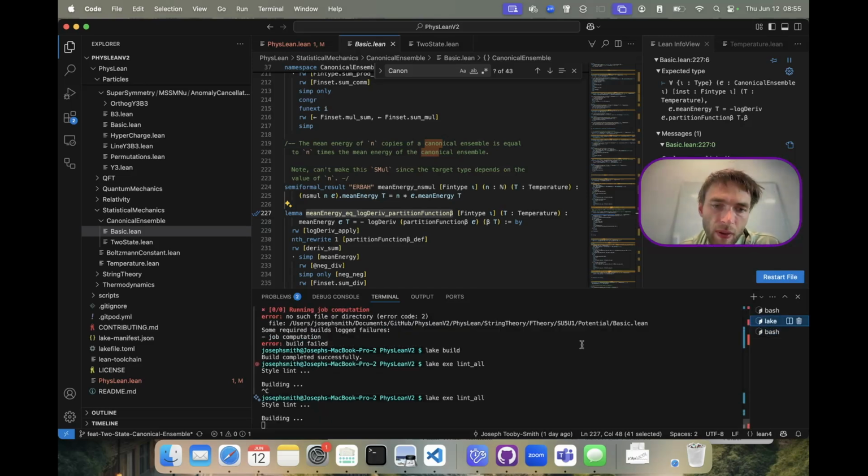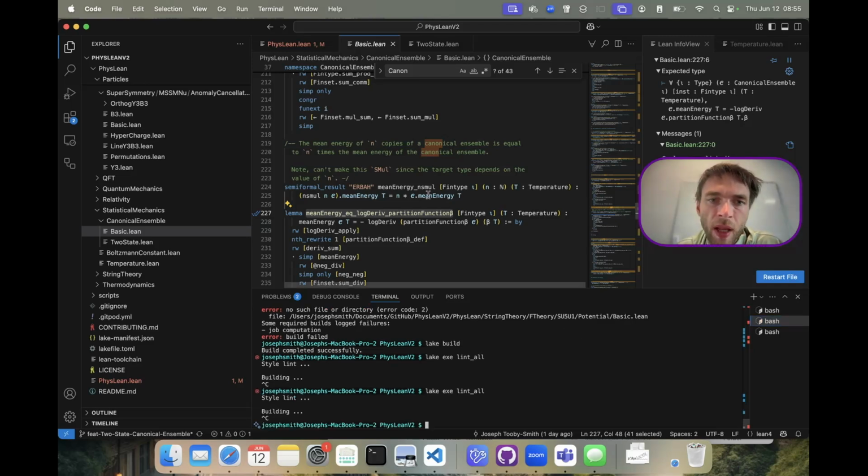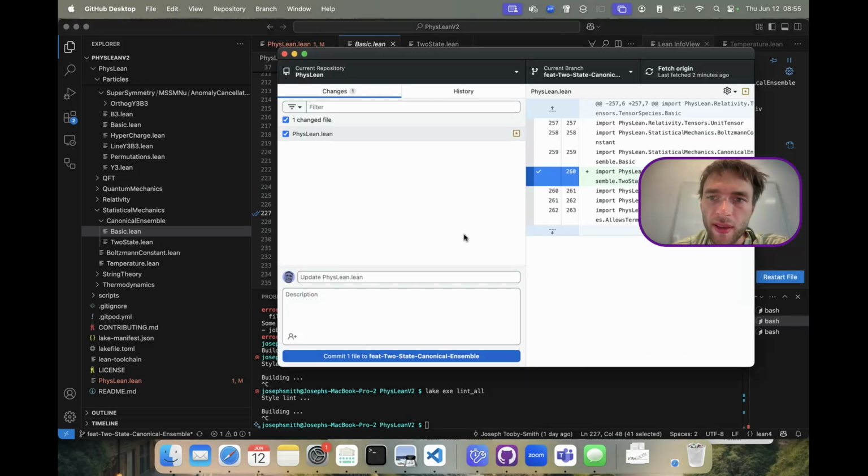This lake exec lint all is taking a long time, probably because it's going to build the project. So I'm going to stop here. But yeah, this shows how you would formalize something related to canonical ensemble into PhysLean.